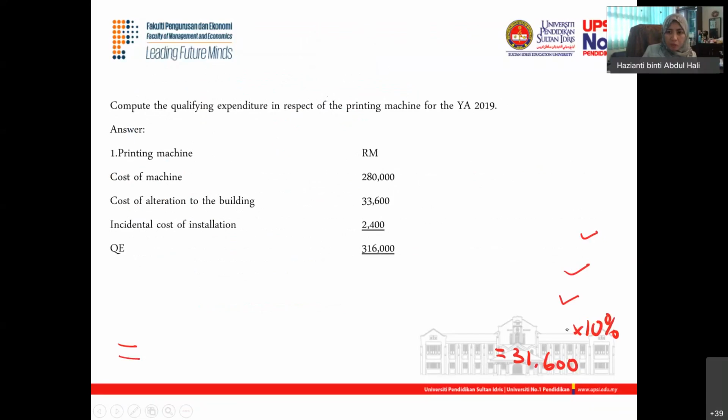So 10% rule ni, kita kira 316 ni times 10%, kita dapat 31,600. Kita nak compare dengan apa? Dengan installation cost dia. 2,400. Less or more than 31,600? Less kan? Okay, since it is less than 31,600, which is the 10% from this one, so kita boleh ambil total cost ni sebagai qualifying expenditure. Boleh faham tak?